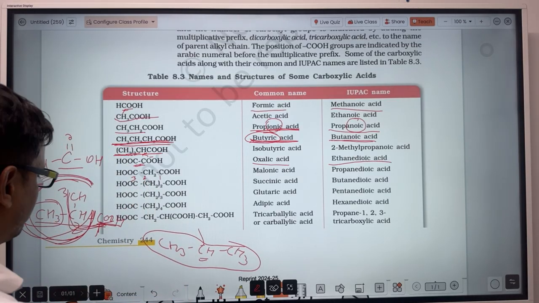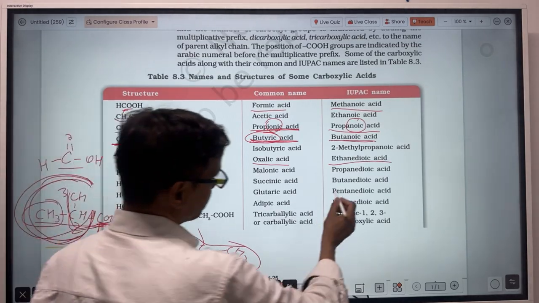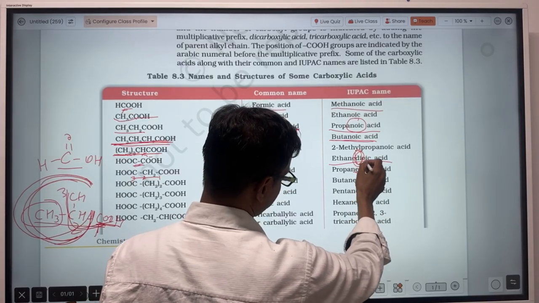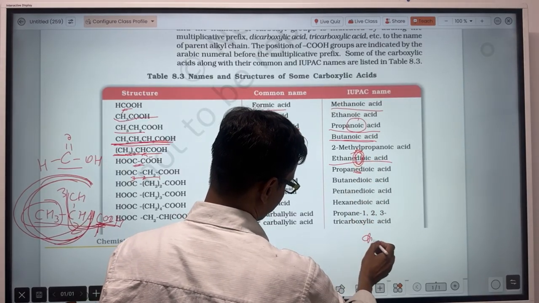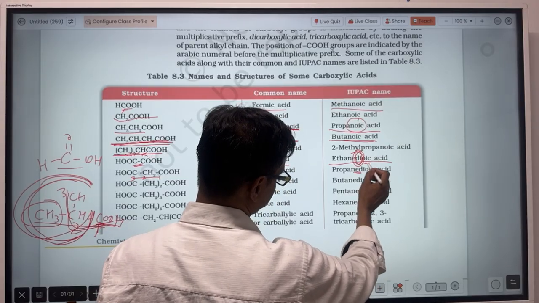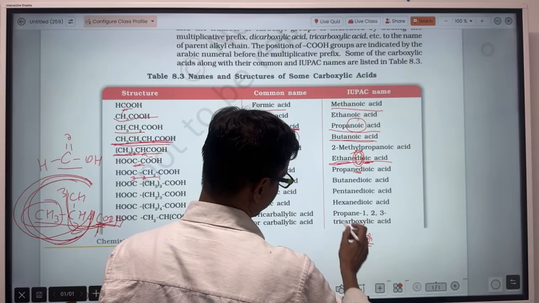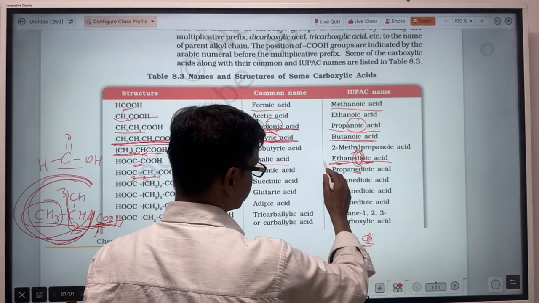So propane, keep in mind, the E will be retained because the word di is inserted. Here the word di has been inserted between the alkyl part and the oic acid. So that's why E will be retained here.